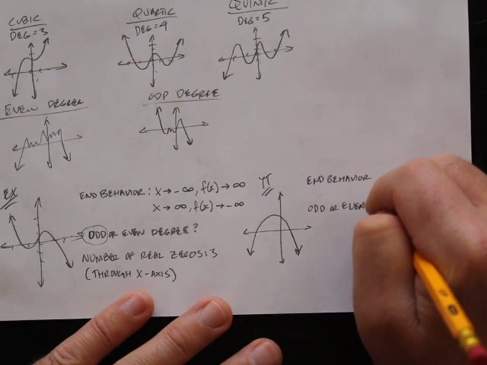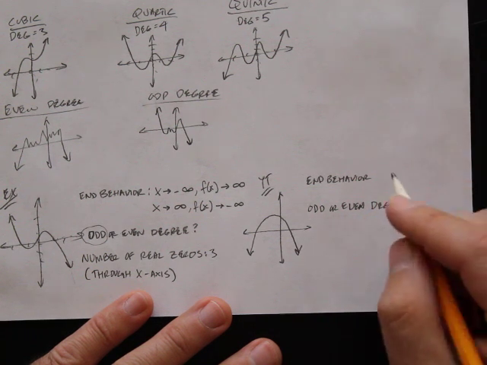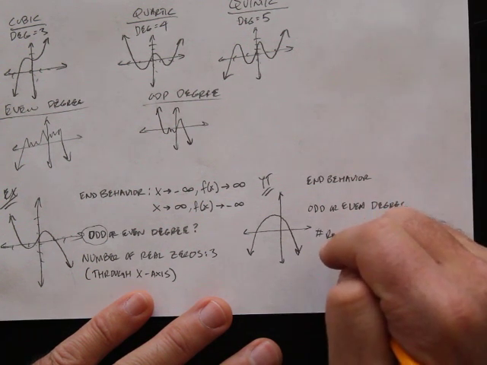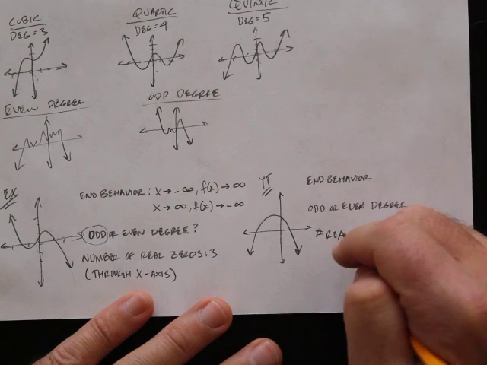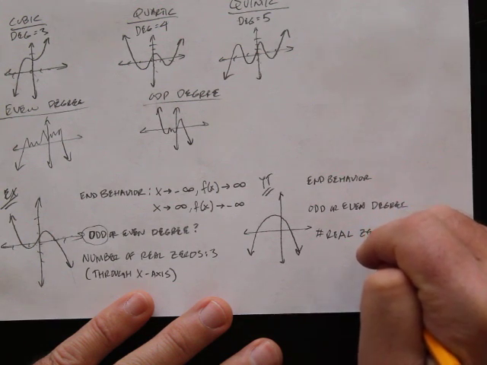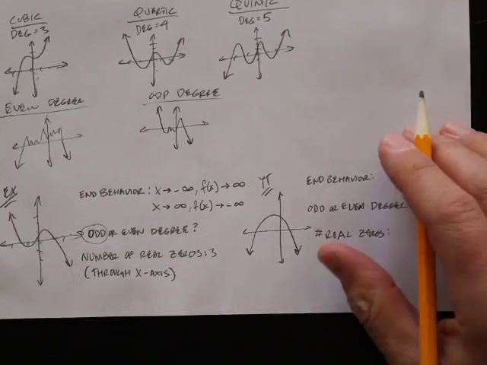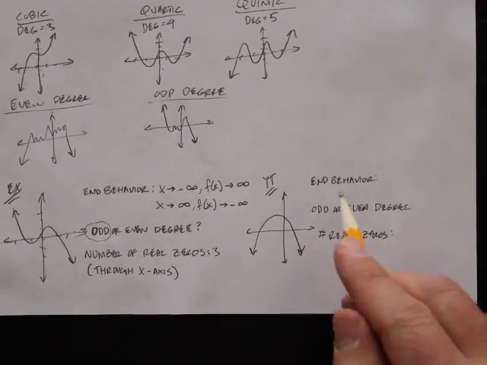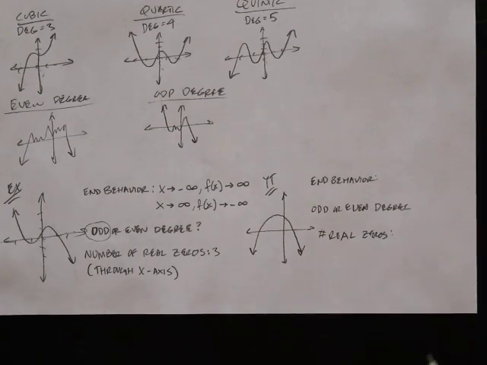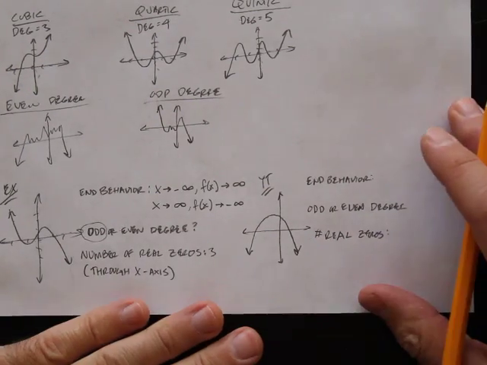And I want to know how many real zeros there are. All right, go ahead and pause the video and try to do this you-try. Okay, let's see how you did.